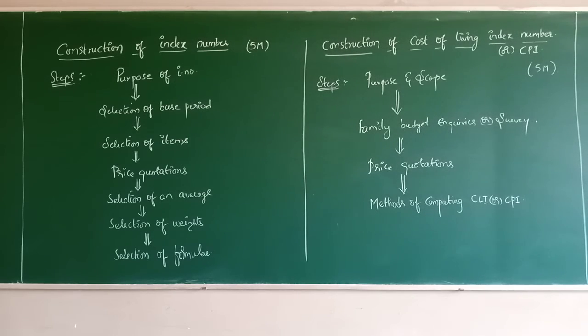If a period of comparison is kept fixed for all the current years, for example 2020, 2021, 22, 23, 24, 25, for all these years 2017 is fixed as the base. The year which is kept fixed for all the current periods is called a fixed base period.